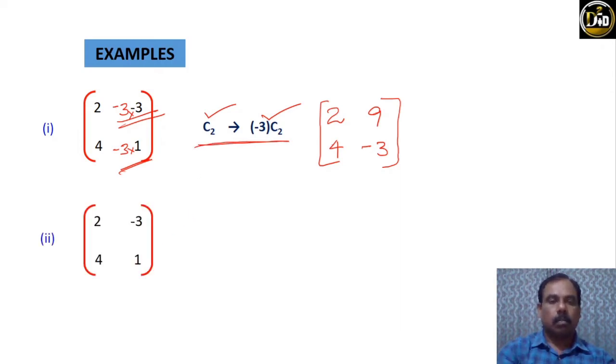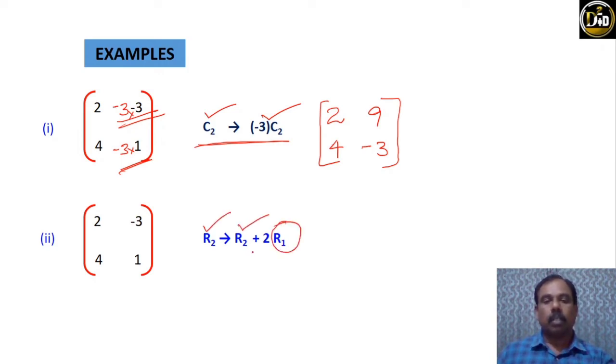So we get a new matrix 2, 9, 4, minus 3 with the operation C2 implies minus 3 times of C2. We look at the same example 2 minus 3, 4, 1 with a different operation. The operation is R2 implies R2 plus 2 times of R1. That means we are going to get a matrix in which R1 is not changed. What is R1? 2, then minus 3.